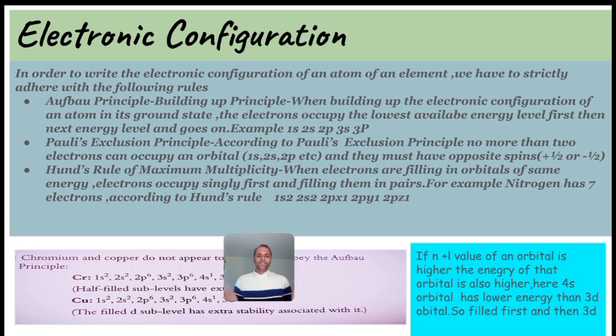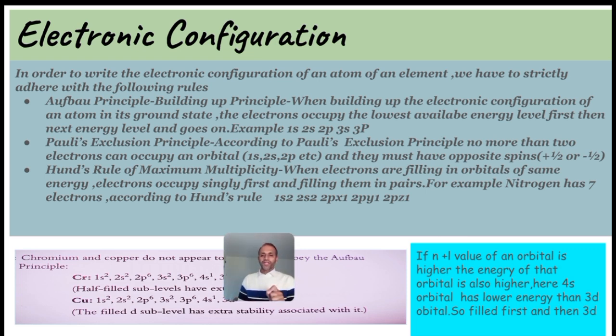According to Pauli's exclusion principle, no more than 2 electrons can occupy an orbital, and they must have opposite spins. So this is very important. One orbital can hold 2 electrons.